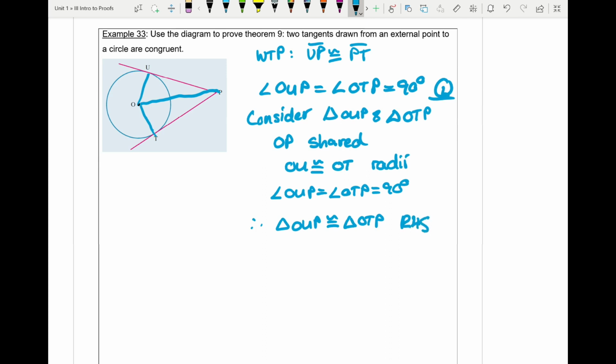So if they're congruent, we then know that UP has to be congruent to PT. Well, that's what we were trying to prove. So we have that two tangents drawn from an external point to a circle have to be congruent because of the triangles that we can create by drawing lines from the center to the point of tangency. That's all for this video. Thank you very much.